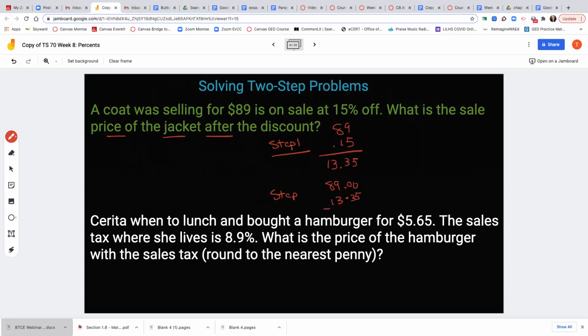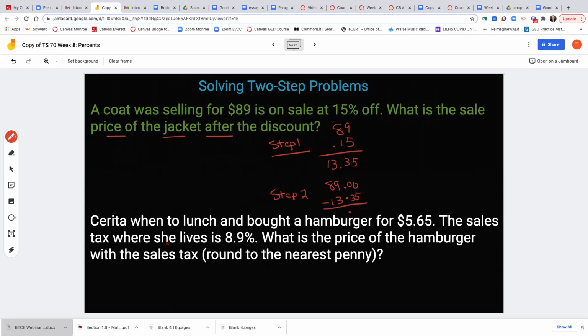And that will give me the new cost of something, okay? That'll give me my new cost. So that's why we're talking about a two-step process here of doing it. We had to do two things, okay?